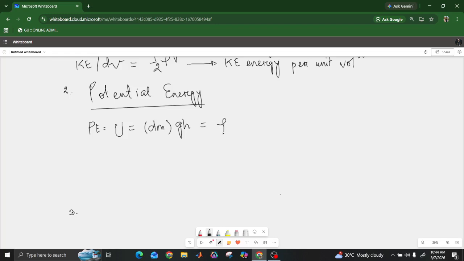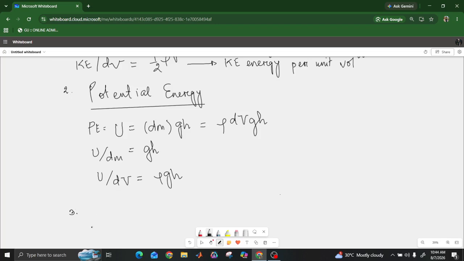With dm, we can write rho dV g h. So now potential energy per unit mass is equal to g h, and potential energy per unit volume is equal to rho g h. Am I clear? For the mass part, I brought this mass down here, so gh remains, and for the per unit volume part, I brought this dV down, so rho g h. So I got this one.